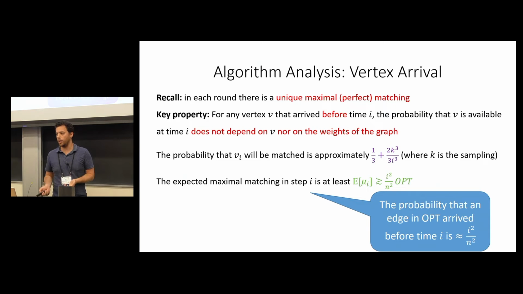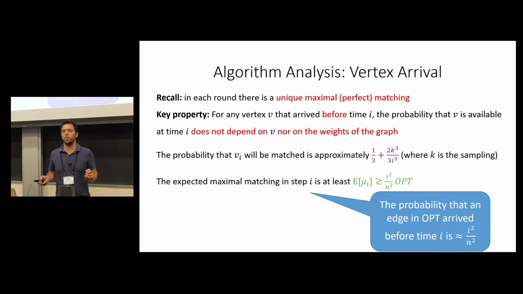And the reason is that if you take an edge in opt, the probability that it arrived by time i is proportional to i^2/n^2. And this holds for every edge.